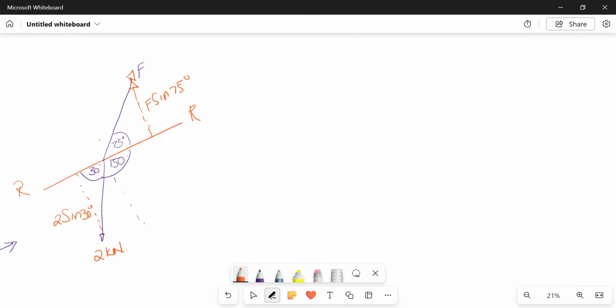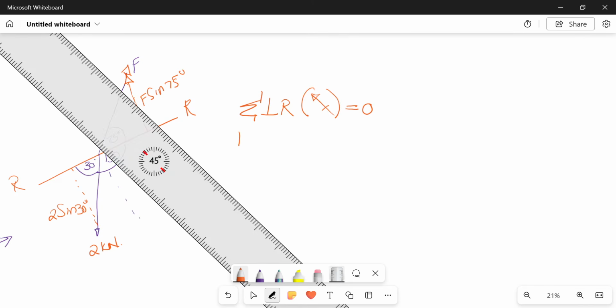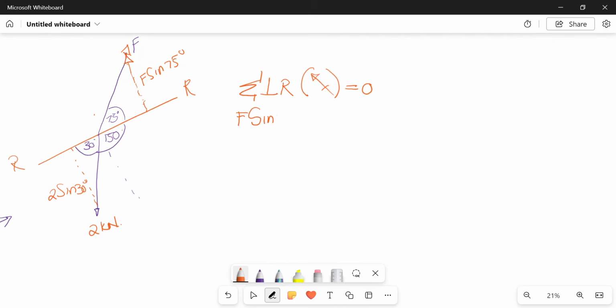I believe so. Next, we are going to take the algebraic sum of the component forces at R, and we can assume a direction. We can assume that F will be pulling in that way, and equate them to 0. So F sine 75 minus 2 sine 30 is equal to 0.